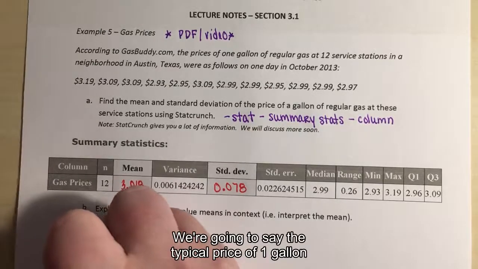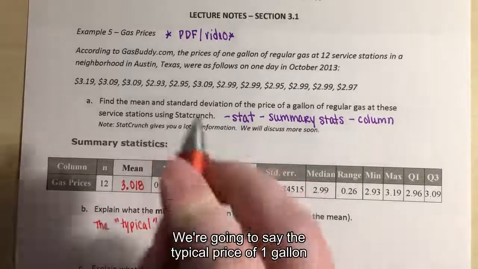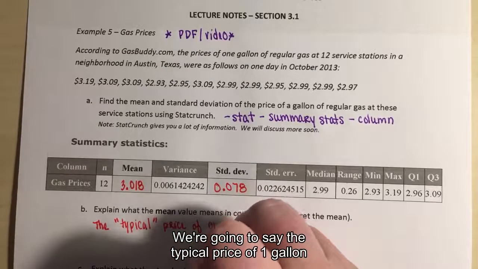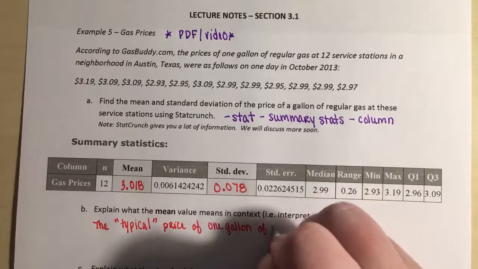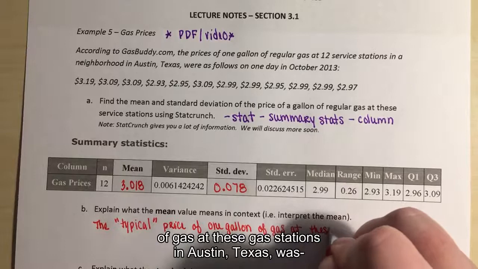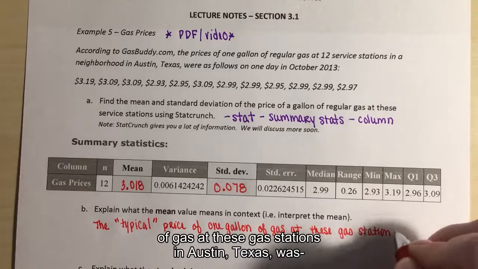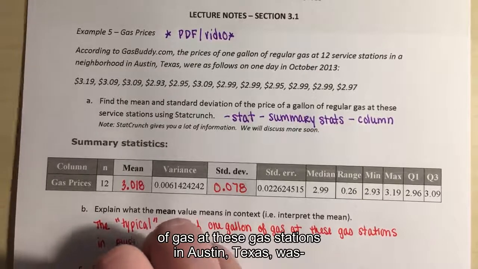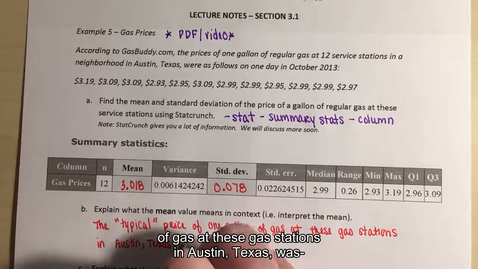So we're going to say the typical price of 1 gallon of gas at these gas stations in Austin, Texas was.